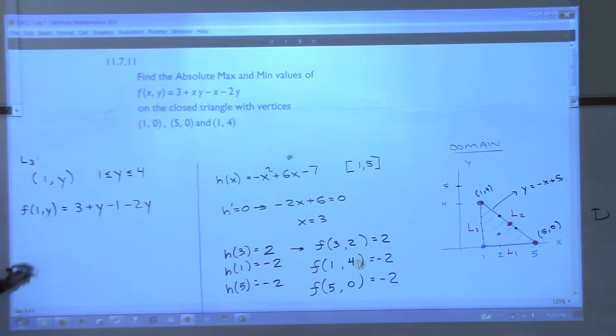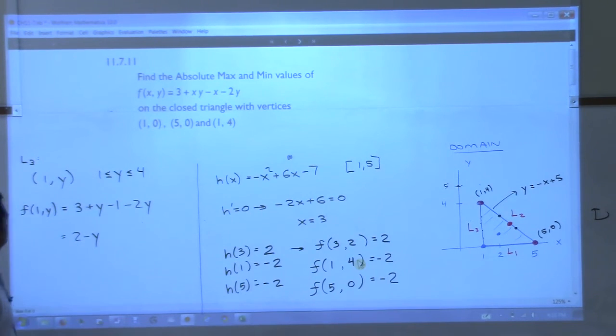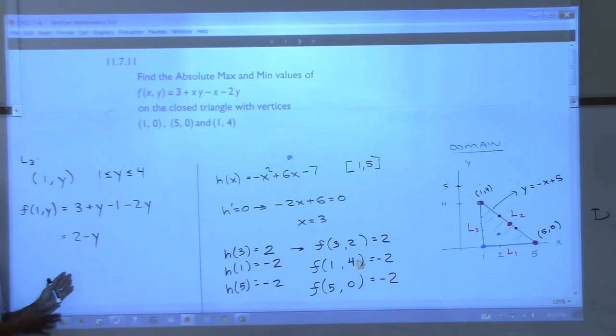This turns out to be 2 minus y. Now, how comfortable are you all with this idea? I'm supposed to make this a function of one variable now, which it is, and then look at the closed interval 1, 4 and take the derivative, set it to 0, and do all that. But how comfortable are you with the idea that I don't need to take the derivative? Why don't I need to take the derivative of that?